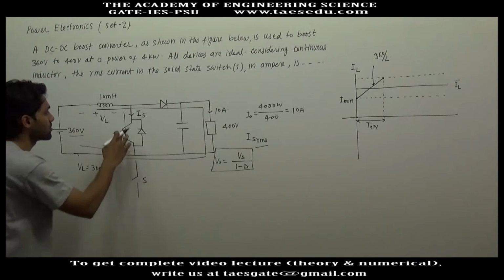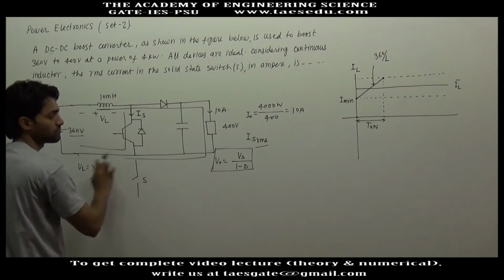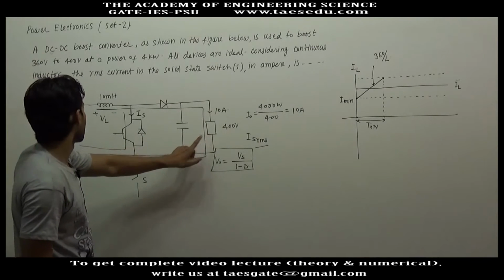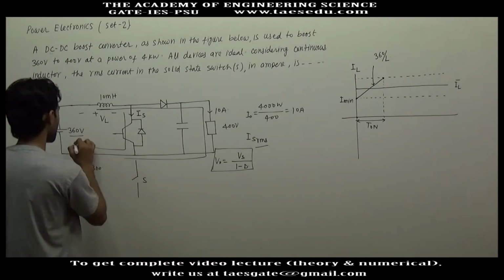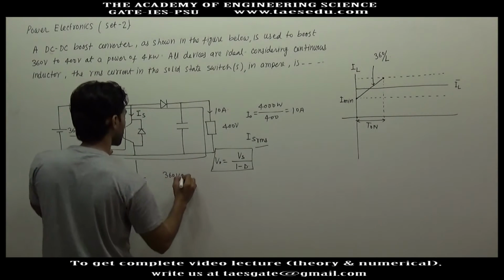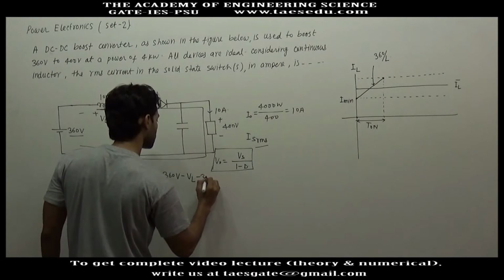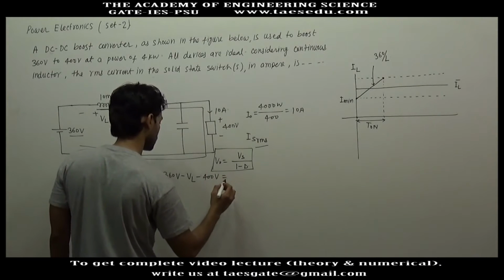Now when this switch is disconnected, this established inductor current takes the path of load. If you move in this loop, here you have a gain of 360 volt, minus VL, here a drop of 400 volt, equal to 0.